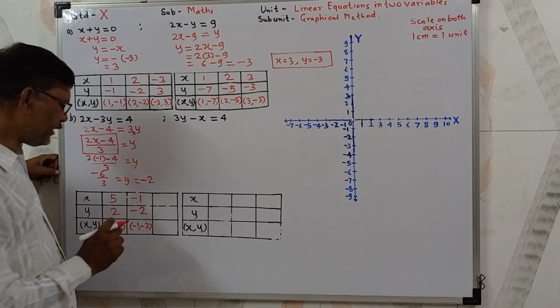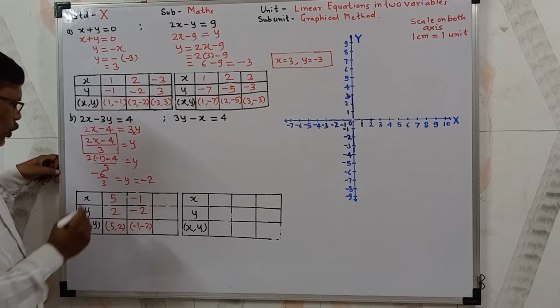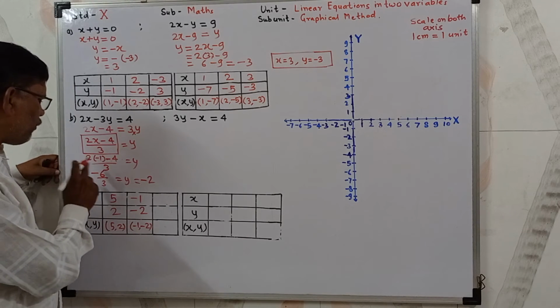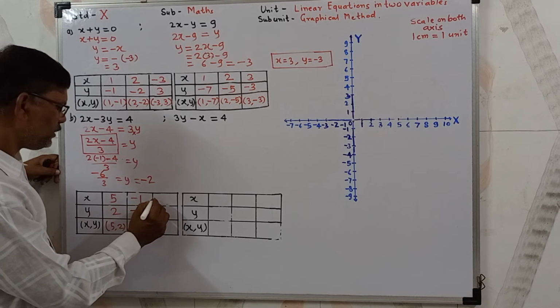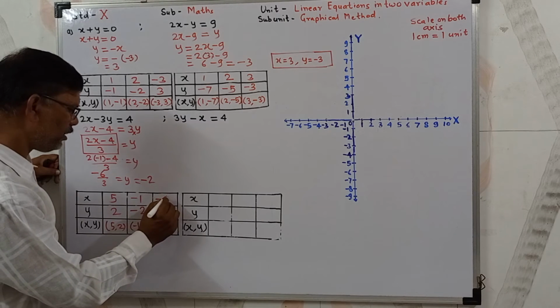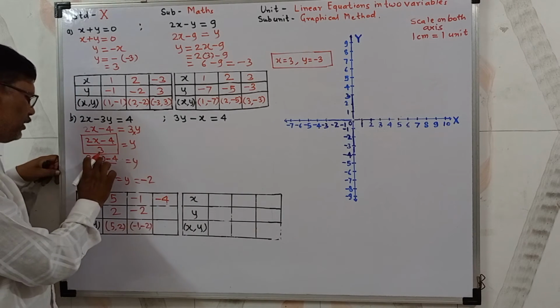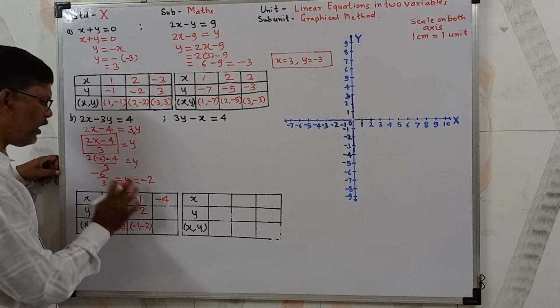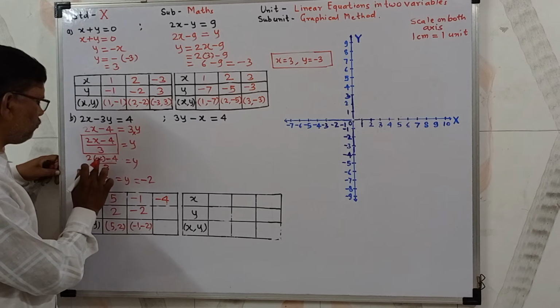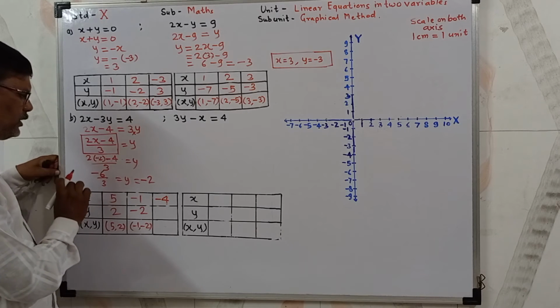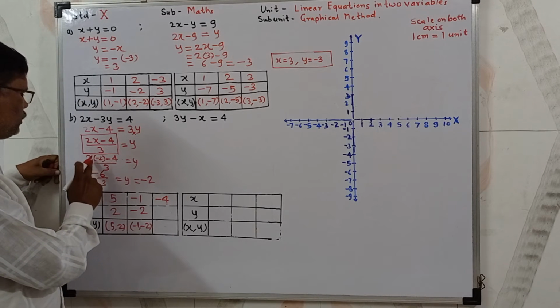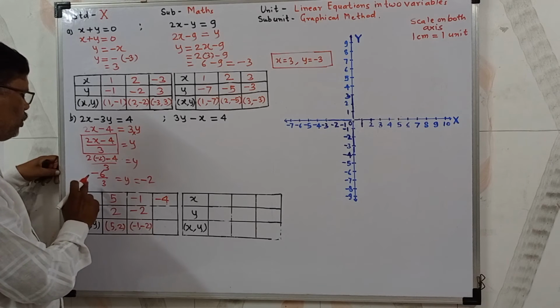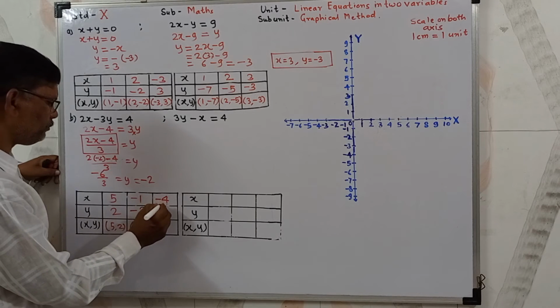Understood? Next one, we have to put the value of x must be minus 4. Put here minus 4. No, plus 4. Then 8 minus 4. No, minus 4.